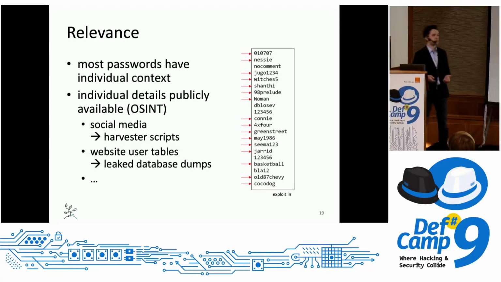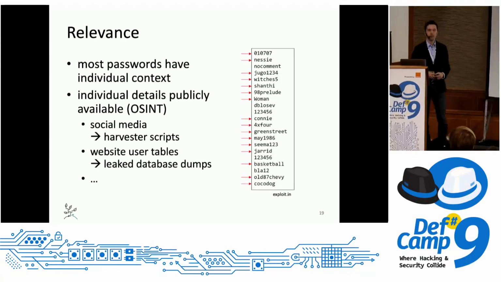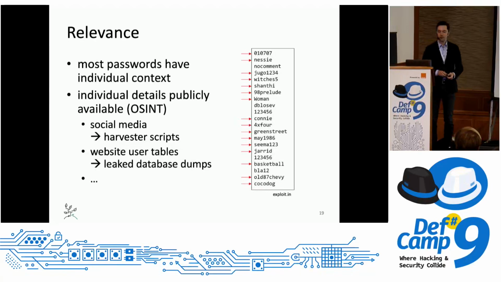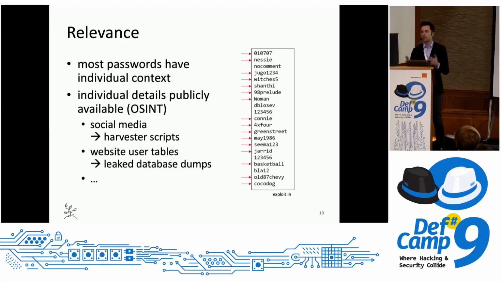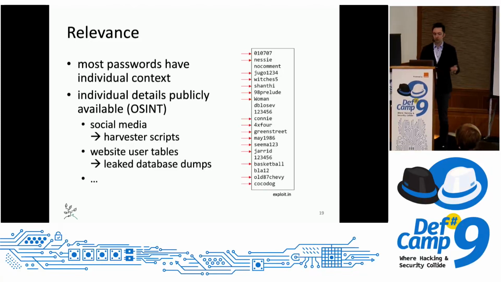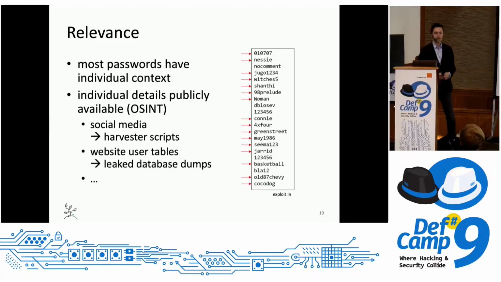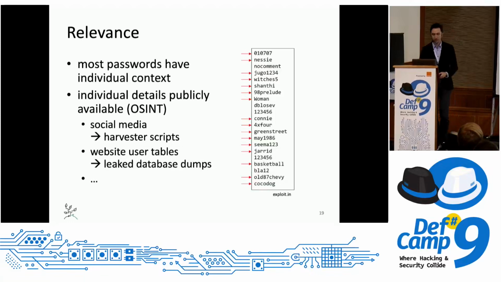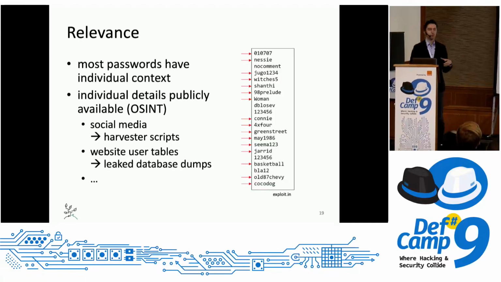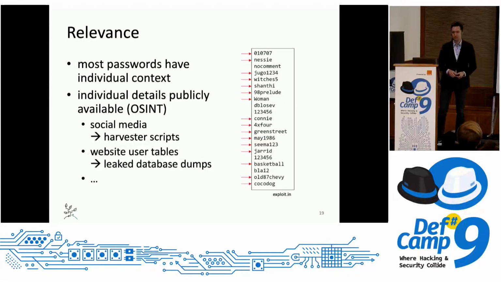For instance, a few years ago, Ashley Madison was hacked, and not only the passwords, but also the table structure, the database dump, got released on the internet, and you can find a lot of sexual preferences in the tables of this kind of password dump. So there is a lot of information out there. If you are an intelligence agency, for instance, you have a lot of personal information about possible victims.